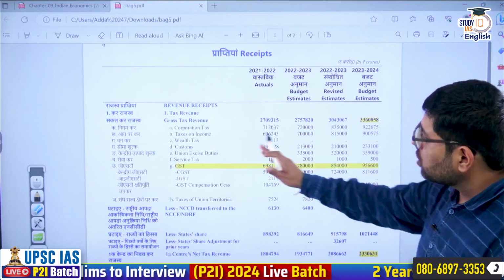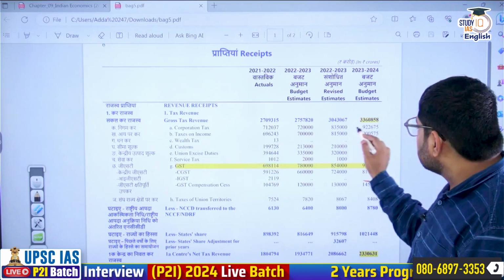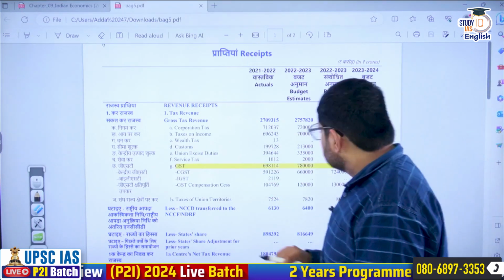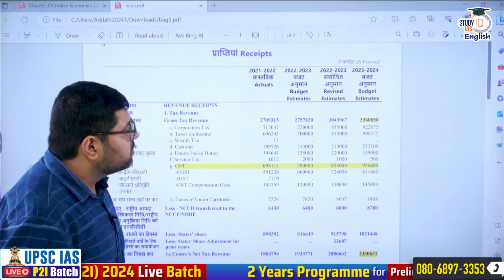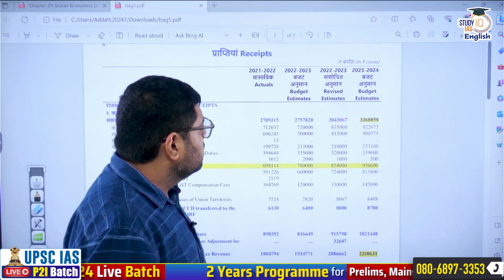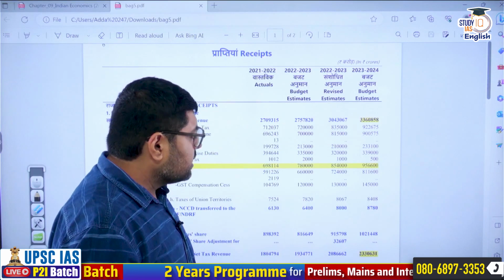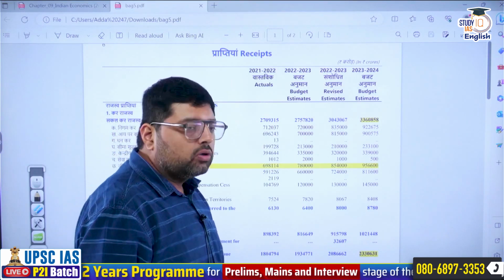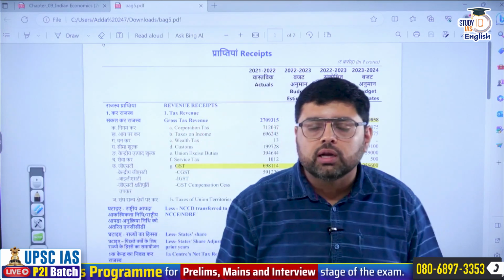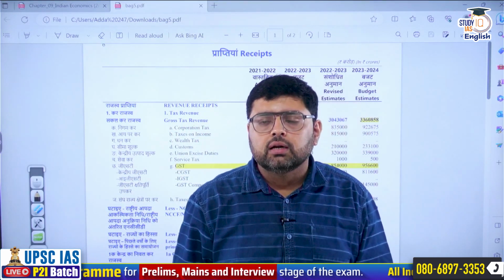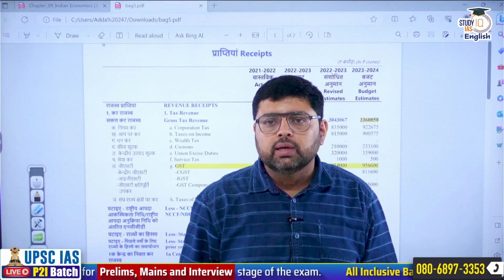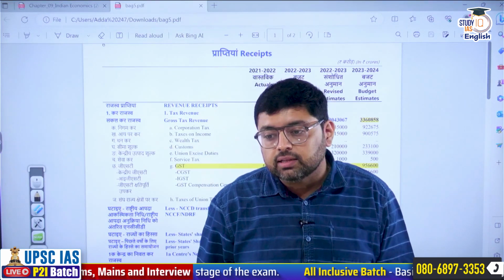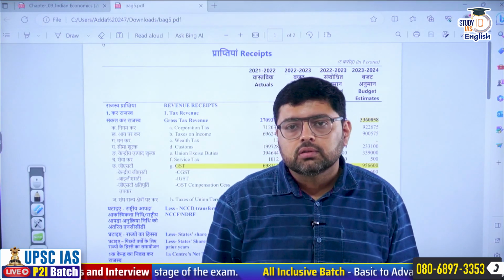So if you see gross tax revenue, it comes out to be 33 lakh crores. You might say, sir, you talked about total receipts of 27.2 lakh crores, but this is 33 lakh crores. Why?